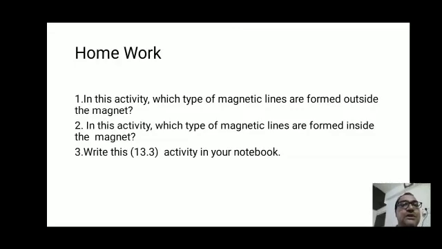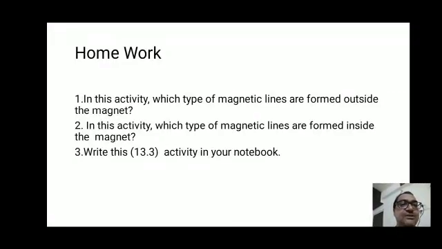I hope, students, you understand this particular activity. At the end of this video I am giving you certain questions that you have to write in your notebook along with the answers. The first question: in this activity, which type of magnetic lines are formed outside the magnet? You have to tell whether it is a circle, rectangle, or see the figure and answer.